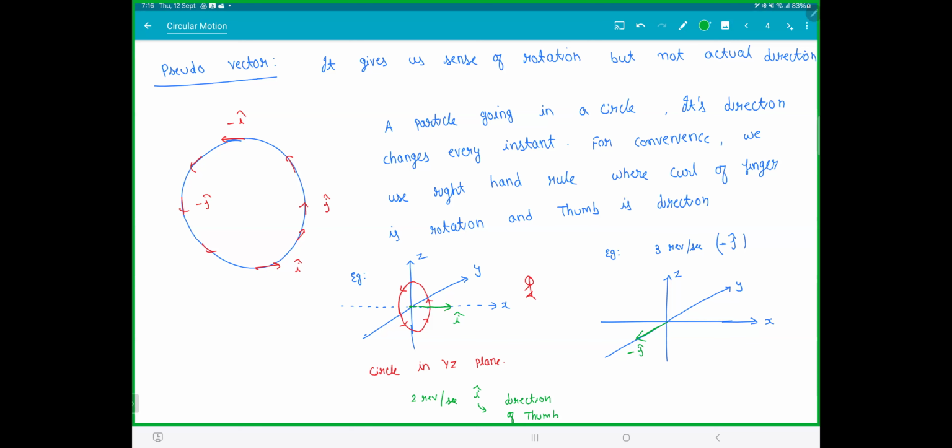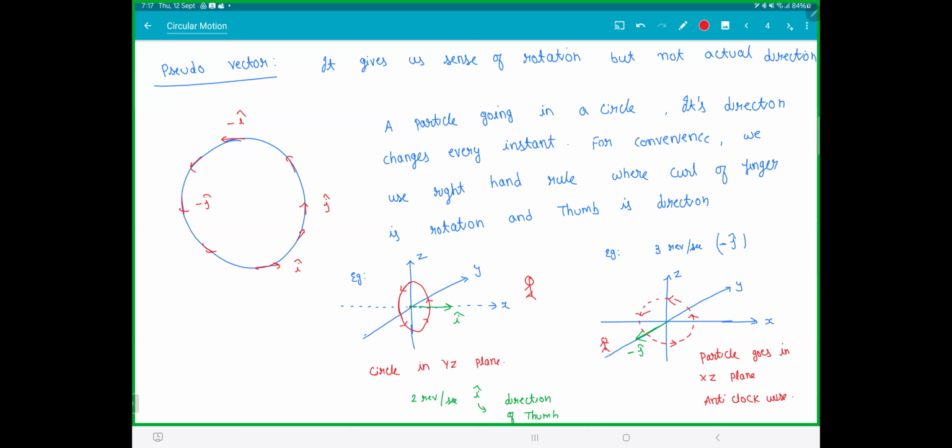This is minus j cap. So put your thumb along minus j and rotate. So this guy is going in a circle like this. So the particle is going in the xz plane. And for a person who's standing here and observing this, which way will it appear to go? Anti-clockwise, right? Is this making sense, everyone?